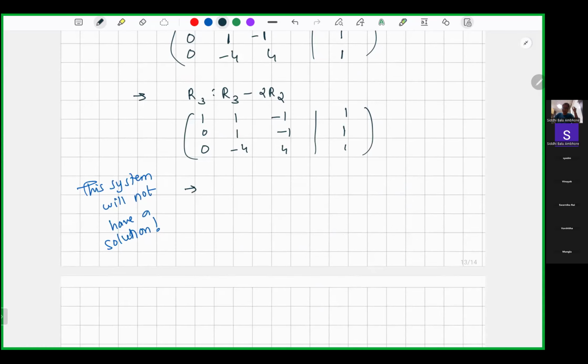So if I do R3 going to R3 divided by minus 4, then this will give me this system: 1, 1, minus 1, 0, 1, minus 1, and 0, this 1, and this minus 1. And here I am getting 1, 1, minus 1 by 4.